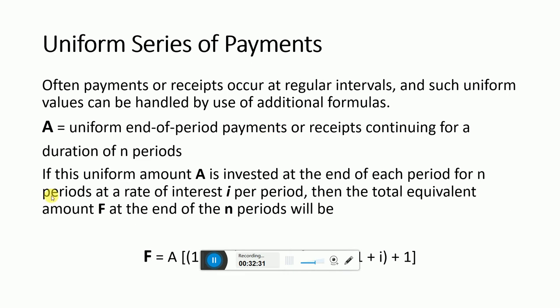So using this formula, we can calculate the future amount when A, which is the uniform end of period payments, are regularly injected.